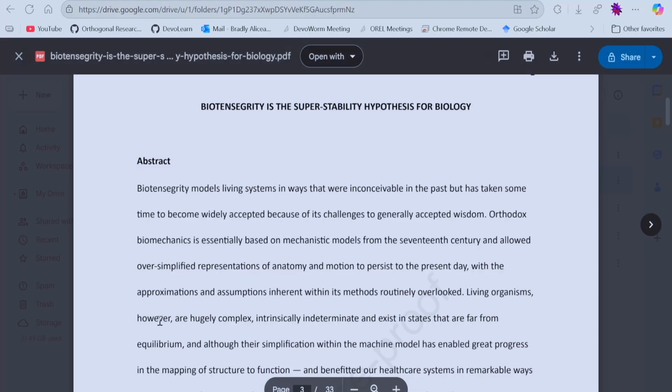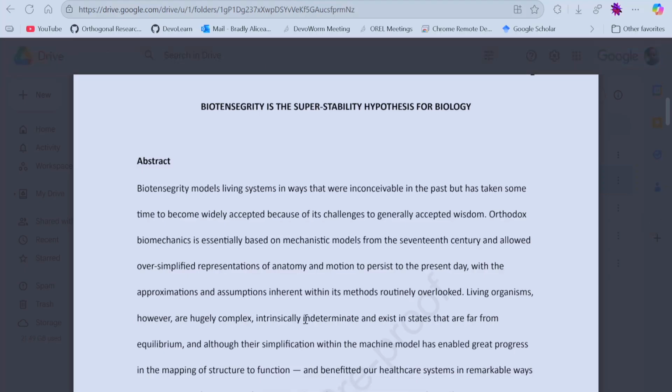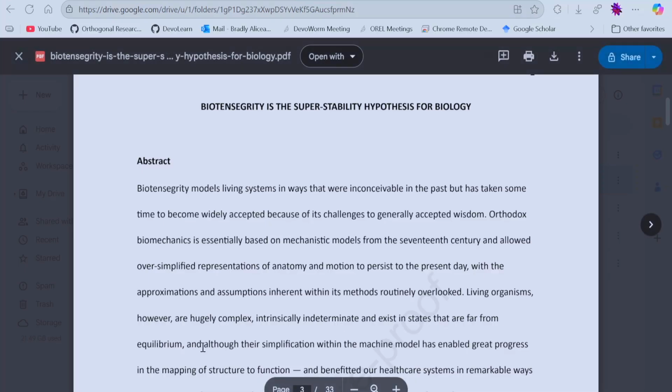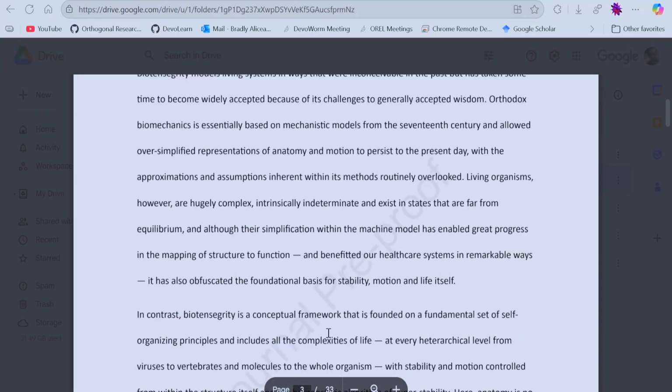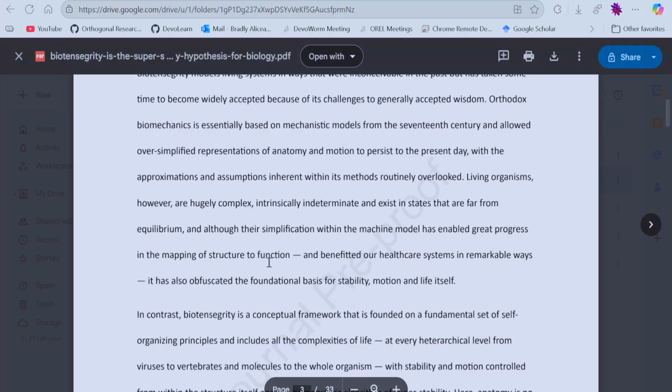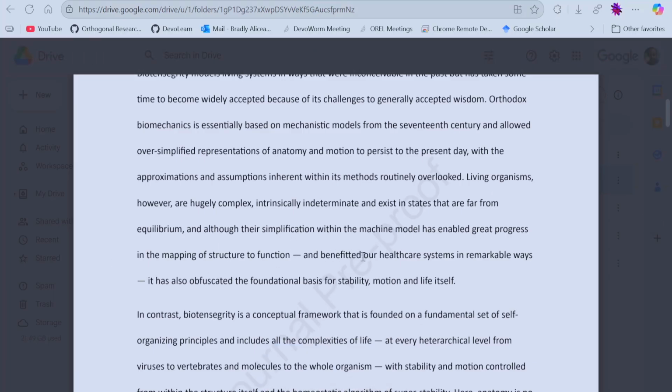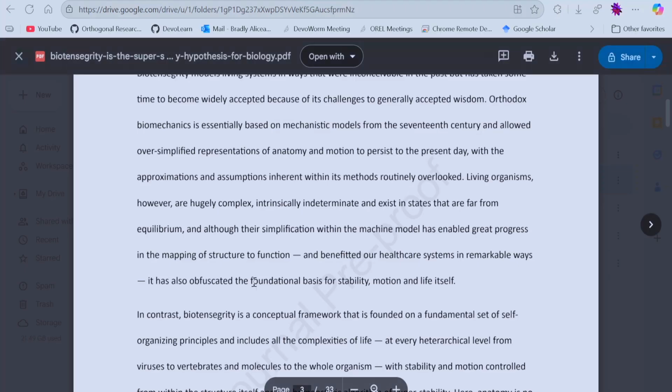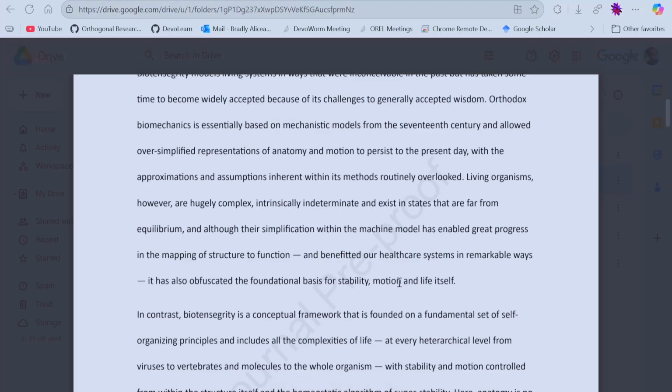Living organisms, however, are hugely complex, intrinsically indeterminate, and exist in states that are far from equilibrium. And although their simplification within the machine model has enabled great progress in the mapping of structure to function and benefited our healthcare system in remarkable ways, it has also obfuscated the foundational basis for stability, motion, and life itself. So then they're contrasting this orthodox model with a biotensegrity model.